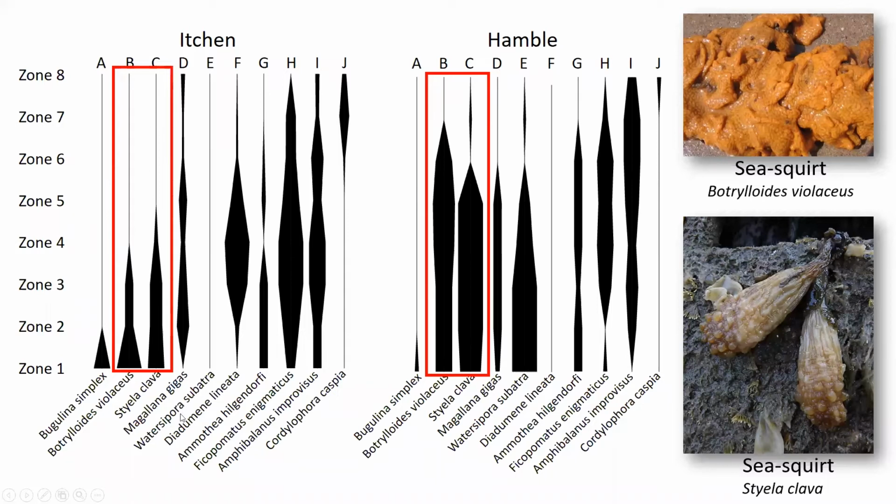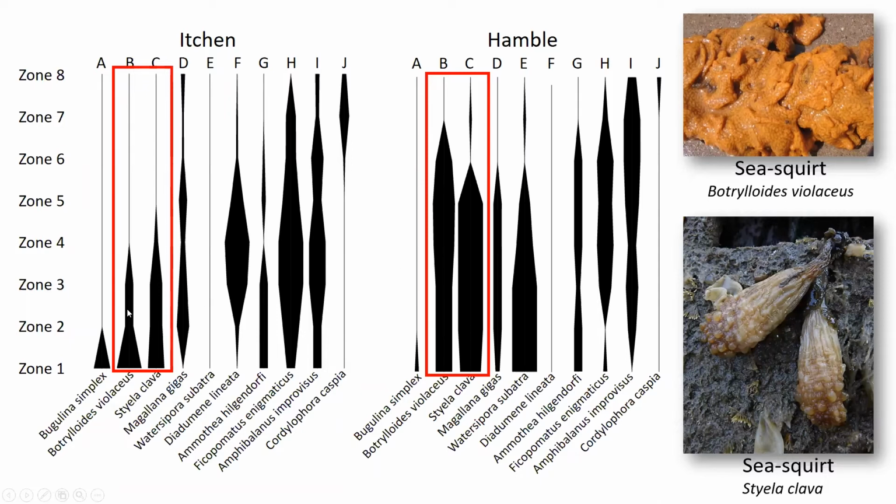So in the Itchen, these are actually two sea squirts, a colonial sea squirt and a unitary sea squirt, and they both go, shall we say, about a third of the way up the length of the estuary in the Itchen. But in the Hamble, they go a lot further up. So they're penetrating further distance-wise into the estuary as a proportion of total distance length of the estuary. And we'll try to maybe explain that later, that difference.